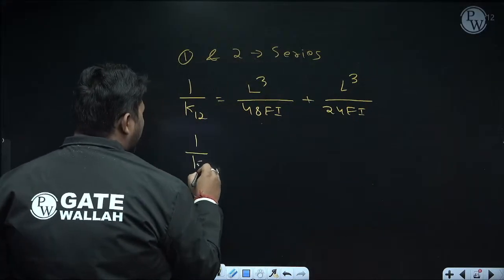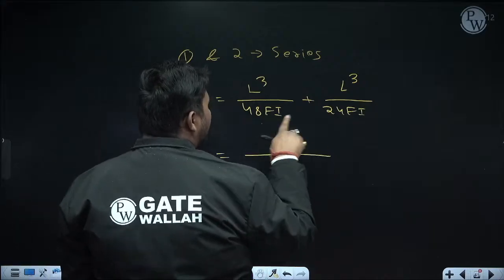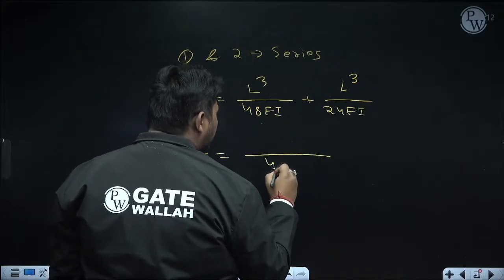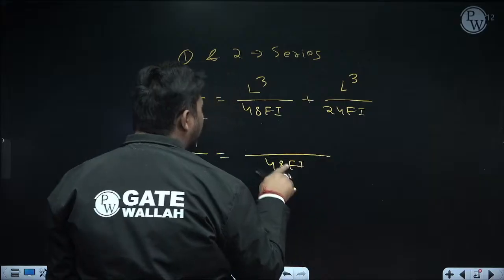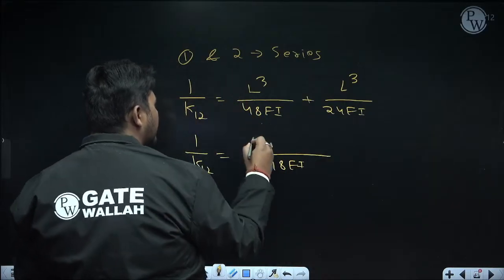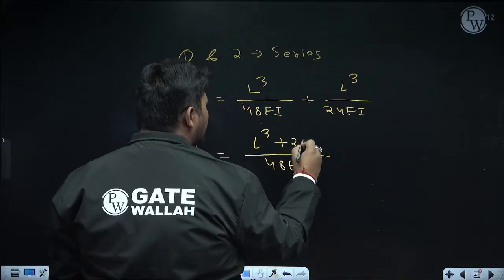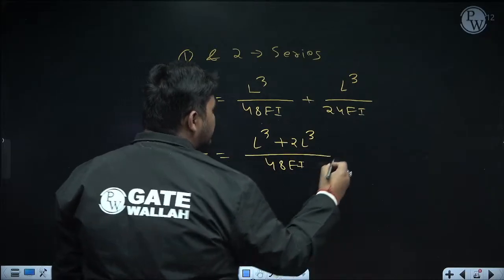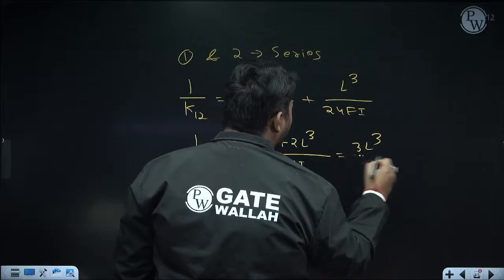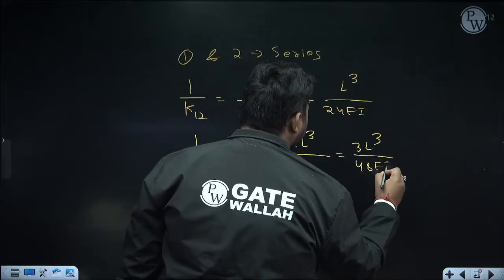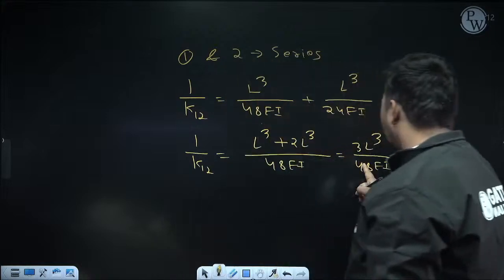So 1 upon K12 equal to, now 1 upon 48 EI upon L cube is L cube upon 48 EI, plus 1 upon 24 EI upon L cube is 2 L cube upon 48 EI. 2 plus 1, it is coming 3 L cube by 48 EI. You can check the calculation.